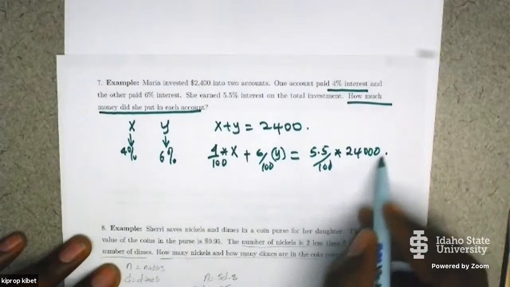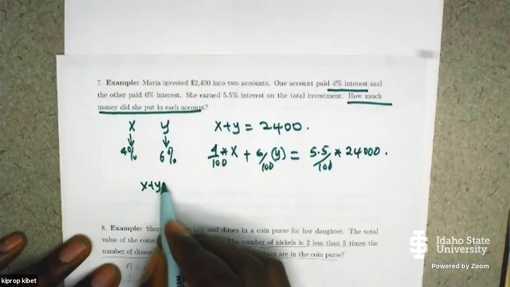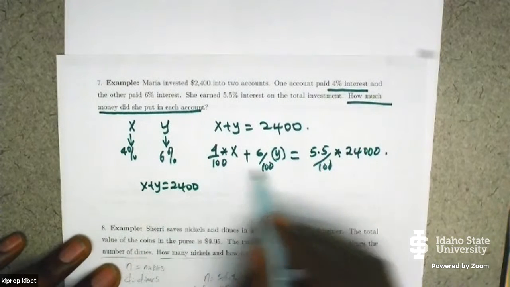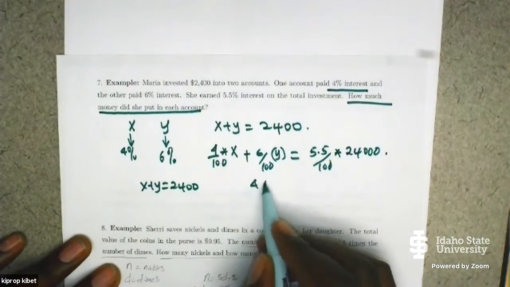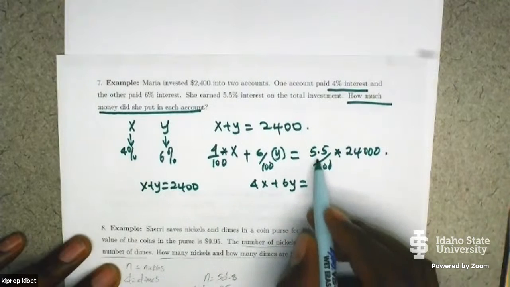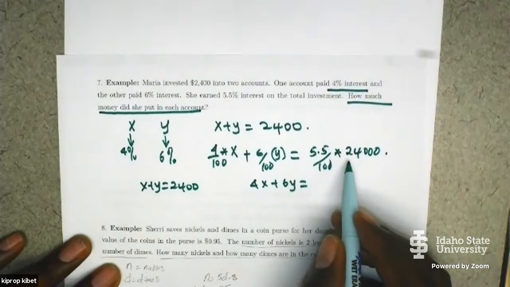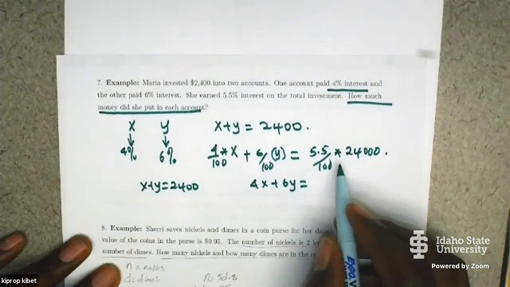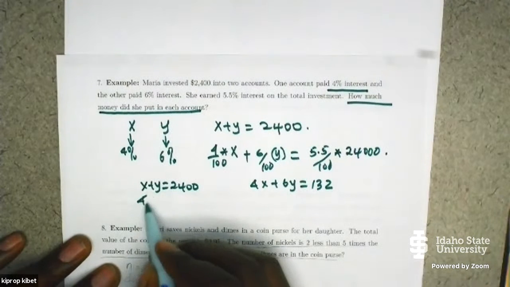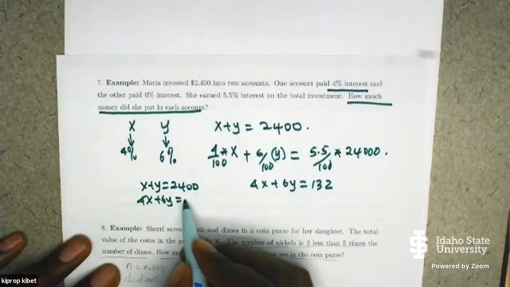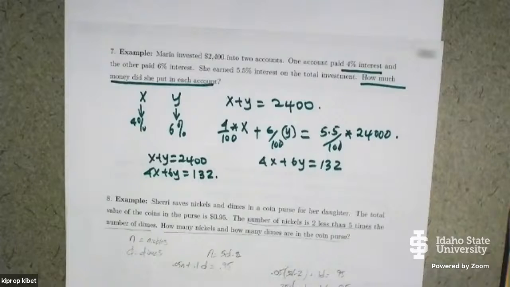So you simplify the bottom one here. X plus Y equals 2,400. And this one, you multiply everywhere by 100. You get 4X plus 6Y equals 5.5 times 2,400. Use your calculator. What do you get? 132. So 4X plus 6Y equals 132.